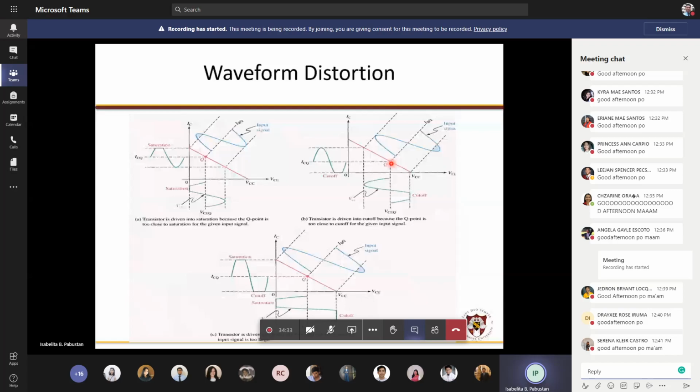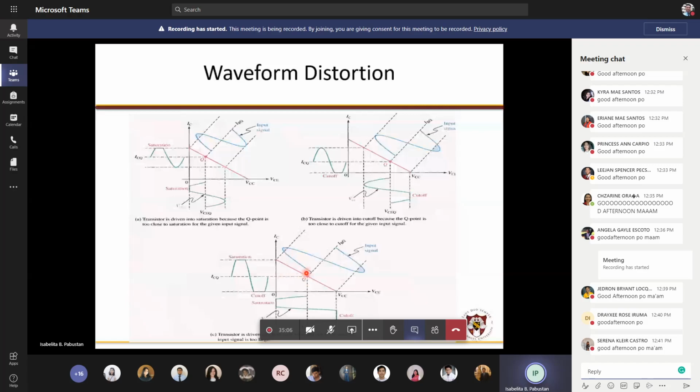So, pansinin ninyo, there will be a clipping on this portion so that when you project, ayan, clip na siya dito on the positive. So ito sakto. Ito pala exhibiting both clipping by saturation and by cutoff.